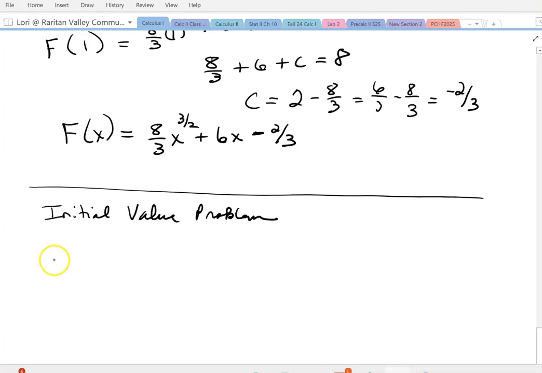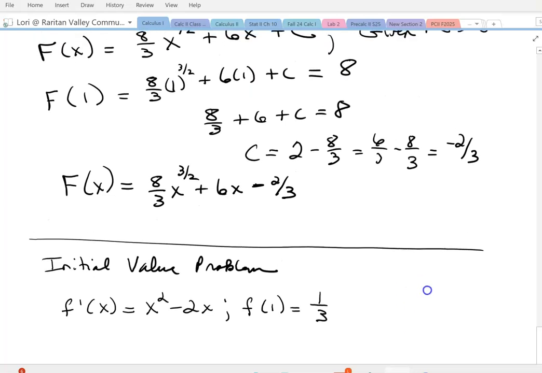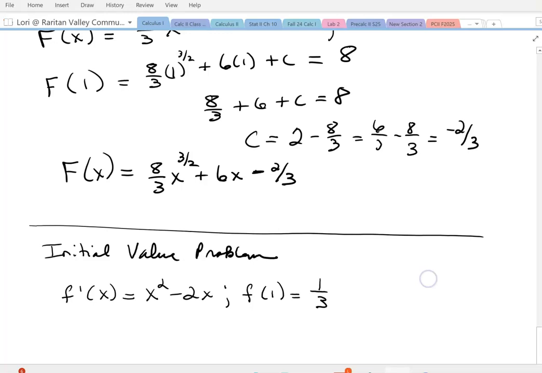Meaning, suppose we know that f prime of x is x squared minus 2x, and we had an initial value of f of 1 equaling 1/3. So again, all we're doing is the same type of problem, we're just using different notations.